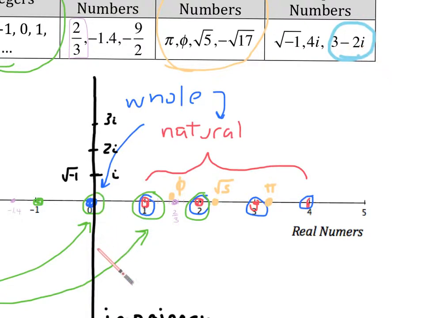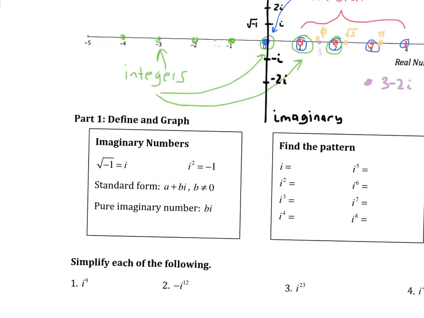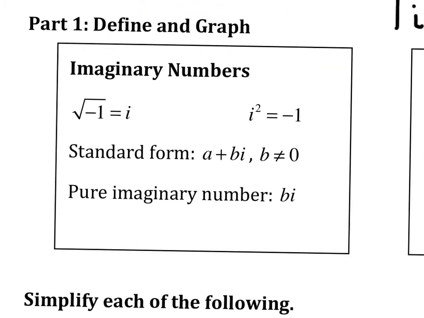So here's negative i, and here'd be negative 2i. So 3 minus 2i would be right there. So that's our introduction.